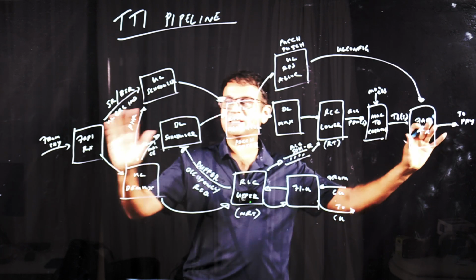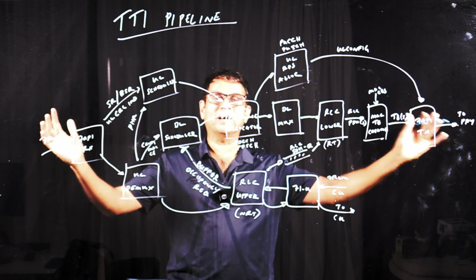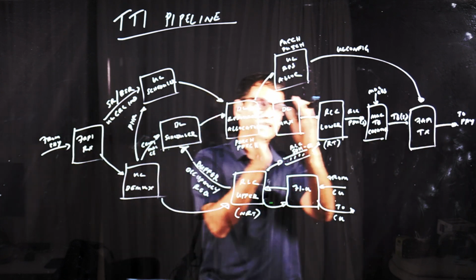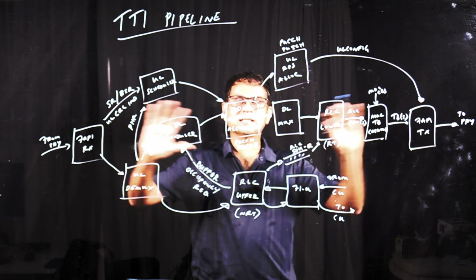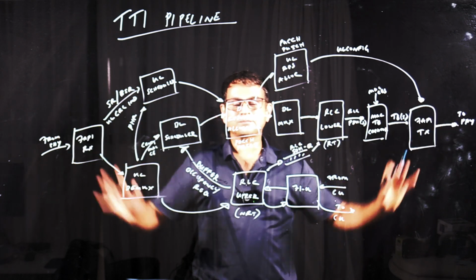So basically you can make an 8 TTI pipeline. There are eight TTIs to run through all of these blocks. That's the longest pipeline that you can envision.